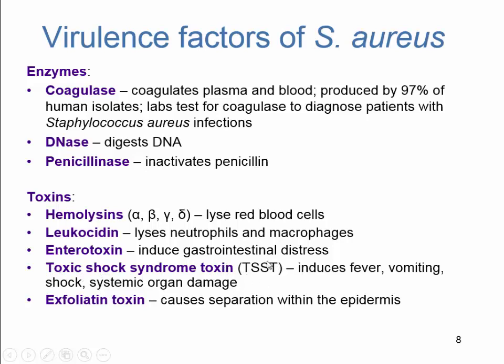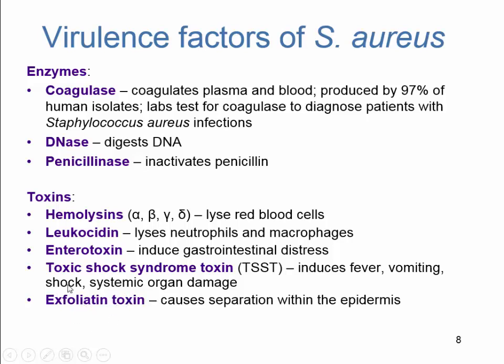You may have encountered this if you were a female. There is a pamphlet inside most tampon boxes now that suggests that tampons should be changed at a regular basis because of Staphylococcus aureus. The buildup of the toxin can cause severe fever, vomiting, shock, and systemic organ damage if left untreated.